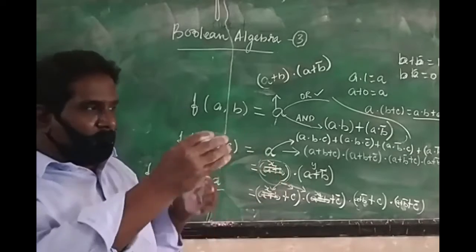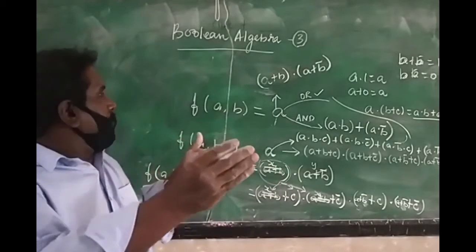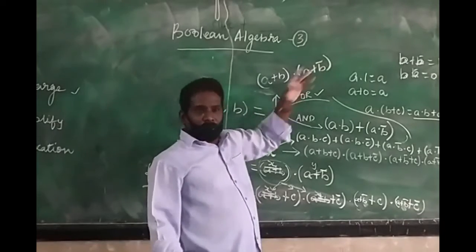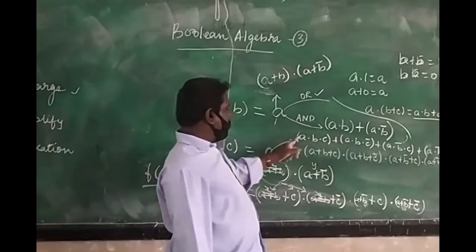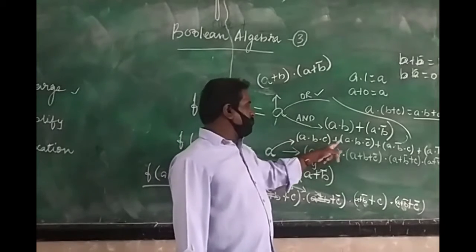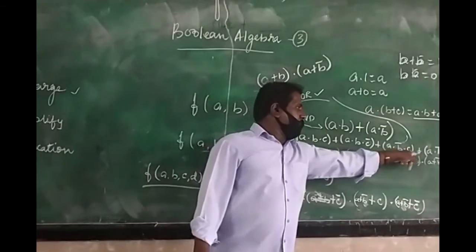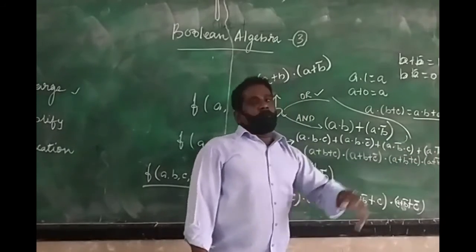Isn't it? So A, and the terms you have got, A plus B dot A plus B bar, that is equal to, or what you have got, A plus A dot B dot C plus A dot B dot C bar plus A dot B bar dot C plus A dot B bar dot C bar.